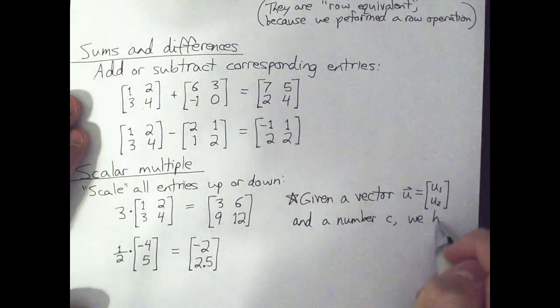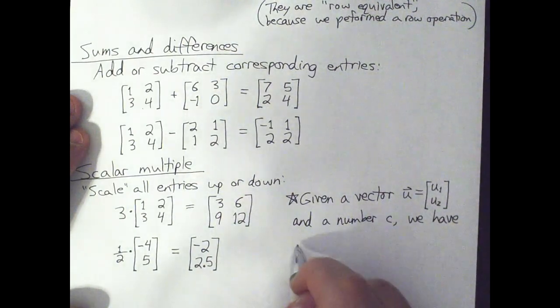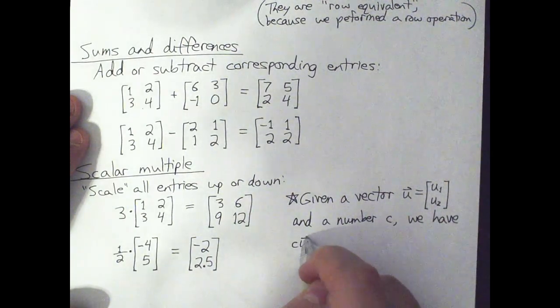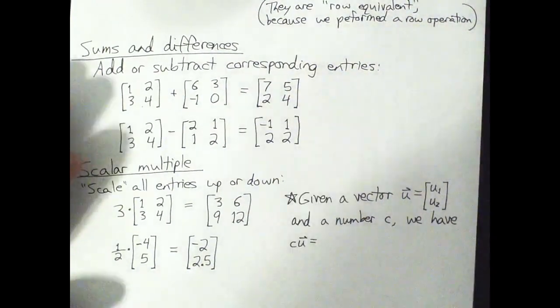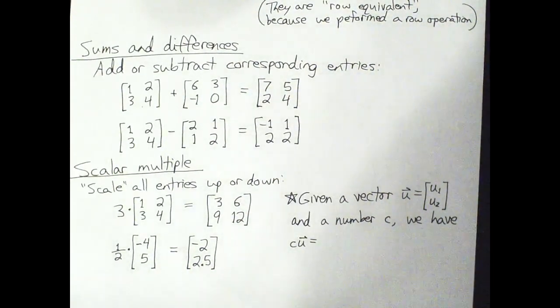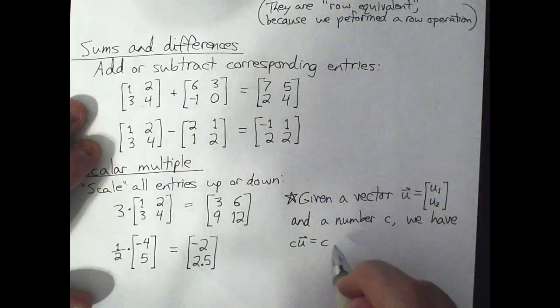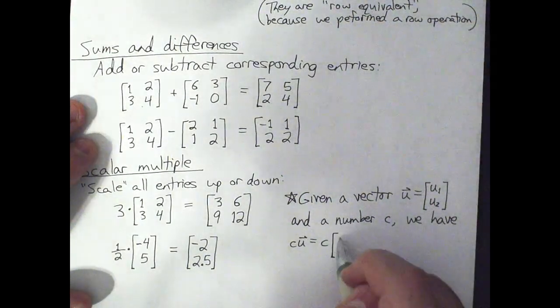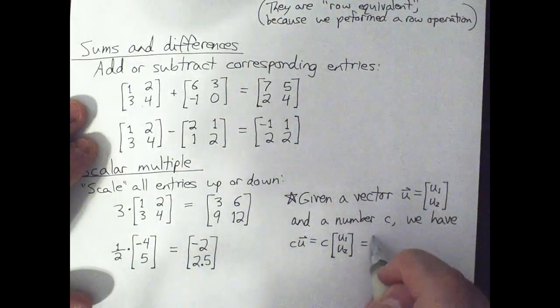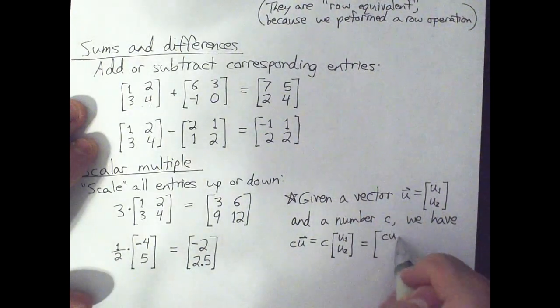We have cu equals, all right, so this looks like I'm trying to do a number times a vector. And that's what we just did to the left, right? But this is just more general because we're using letters instead of specific numbers. But this would be c times this vector, and it equals cu1, cu2.